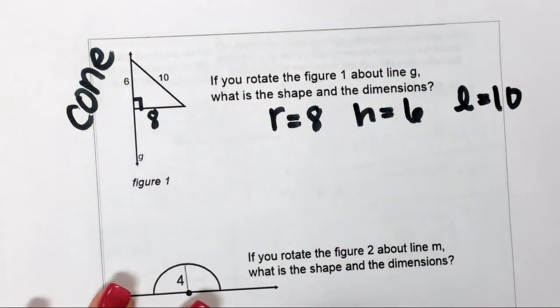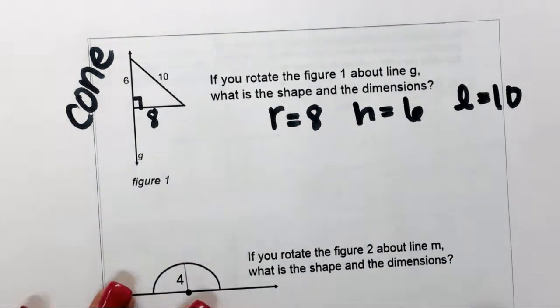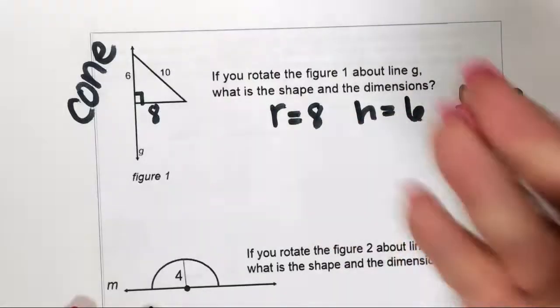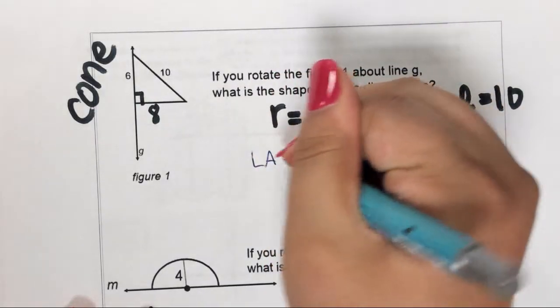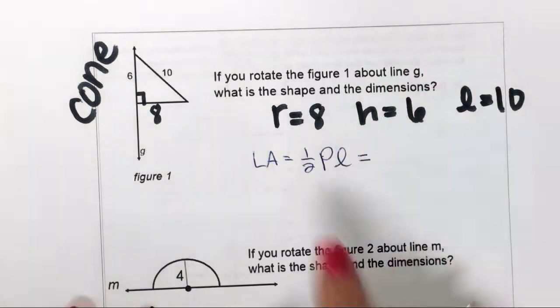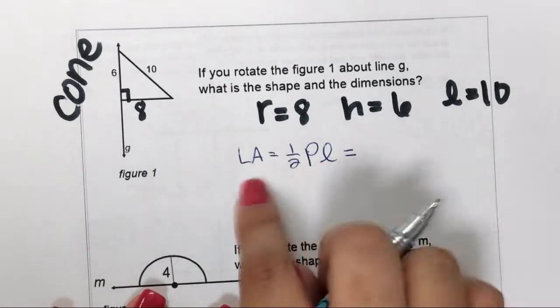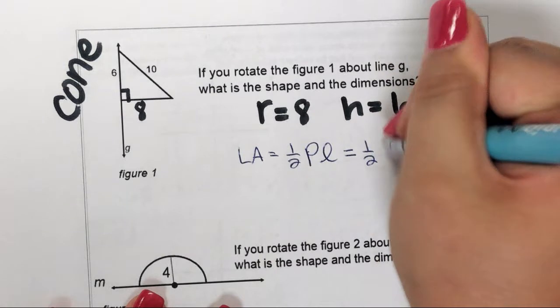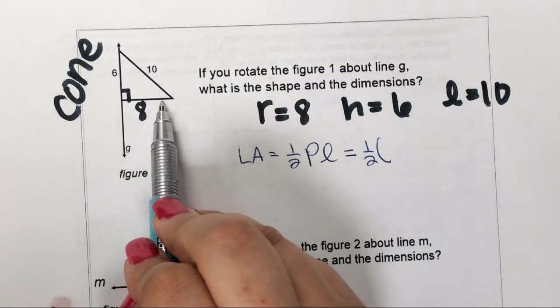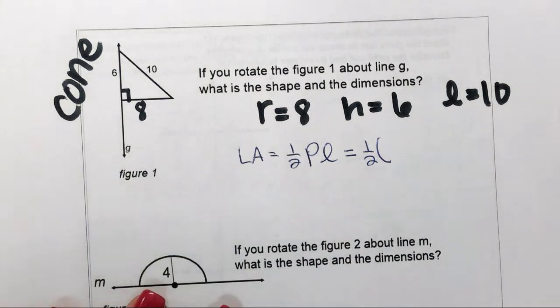Could I then find the lateral surface area? What is the formula for lateral surface area of a cone? Just lateral. So I would do 1/2. What would be the perimeter of this cone? No, perimeter of a base. What's the circumference? 16 pi.